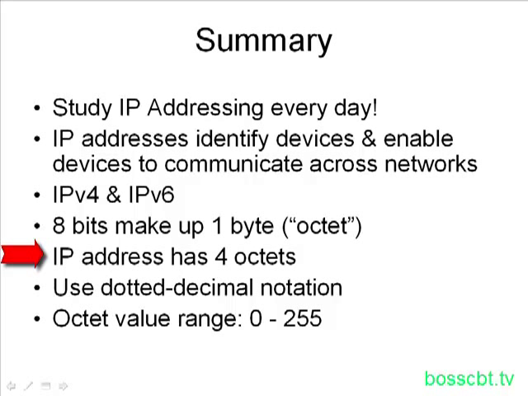And starting from the left, it's 1, 2, 3, and 4. Know those placements. It's important because people will reference certain octets and you'll need to know which one they're talking about. And then we talked a little bit about the dotted decimal notation and how it's just so much easier to use than binary. And we know that each octet has a value, and that value can fall anywhere in a range of 0 all the way up to a maximum of 255.